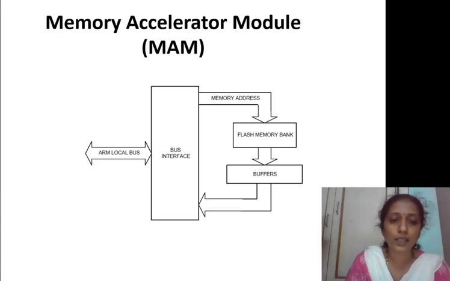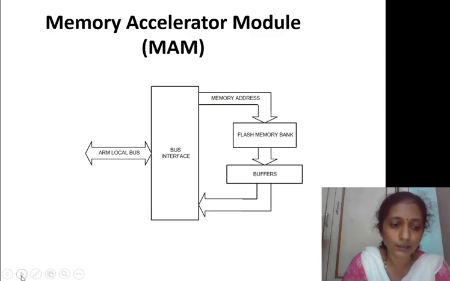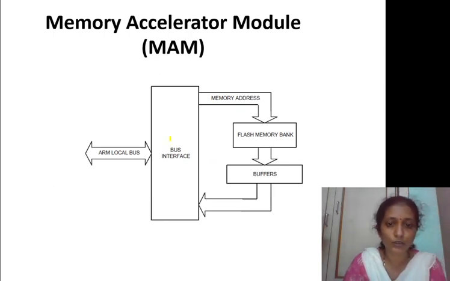Here you can see the bus interface available inside the IC. This is the bus interface available for the ARM IC, and this is the local bus, meaning it is going inside the IC.